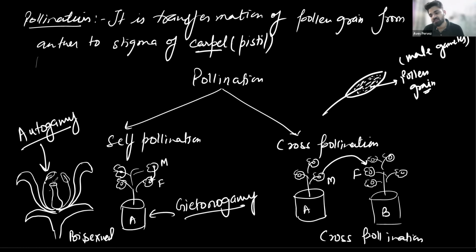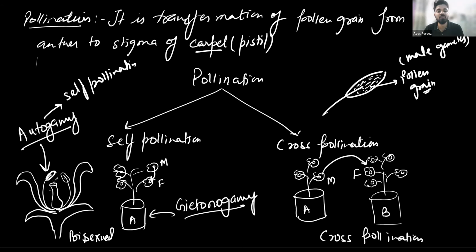Autogamy means the flower is bisexual, and the pollen grain from this anther is transferred to the stigma of this same flower. So autogamy occurs in which type of plants? In bisexual flowers. You understood? This is a type of self-pollination. And the other one is geitonogamy.